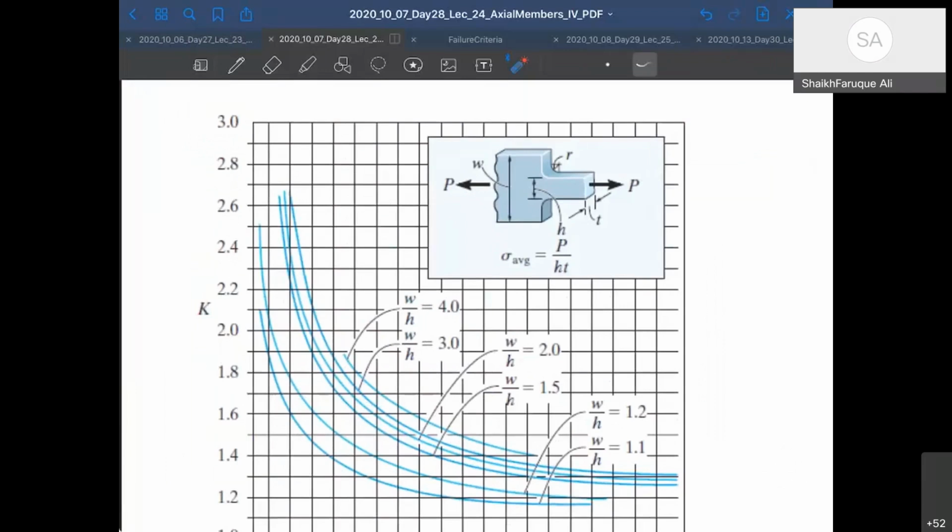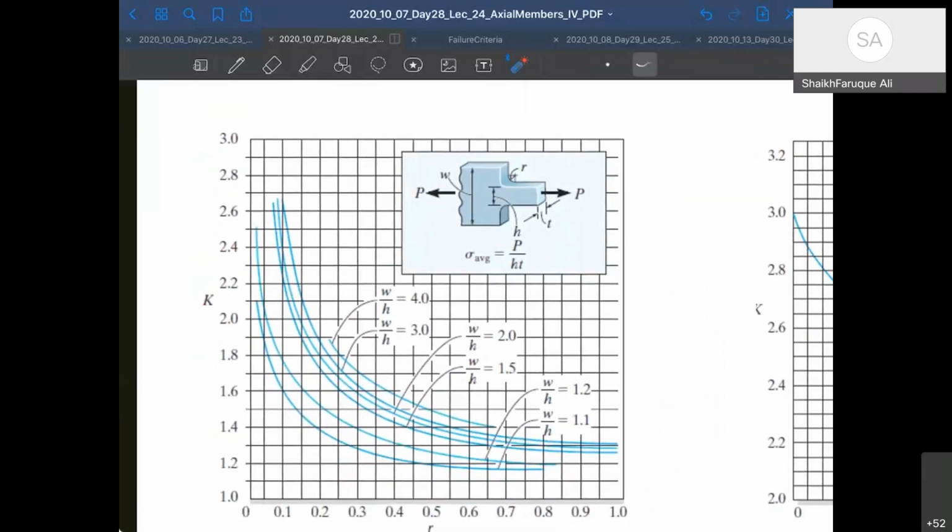You will get this kind of figure in the books, the one where there is a change in cross section, right? Please note that the change in the cross section is not exactly rectangular, not exactly 90 degrees. There is a slight curvature given here. The same slight curvature is given here. Even if you don't give the curvature in your design, when you manufacture the material, the engineer will definitely provide a curvature here.